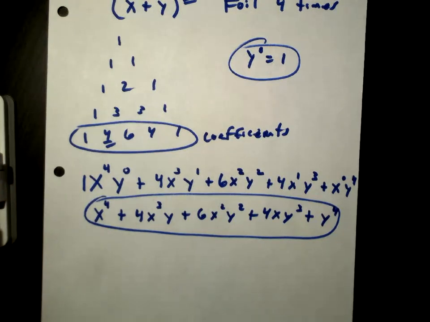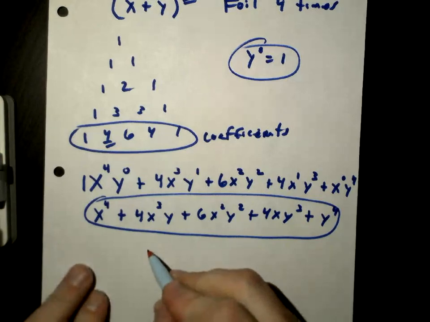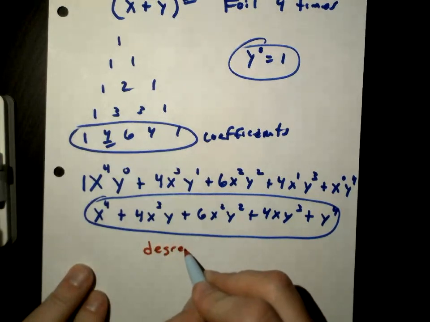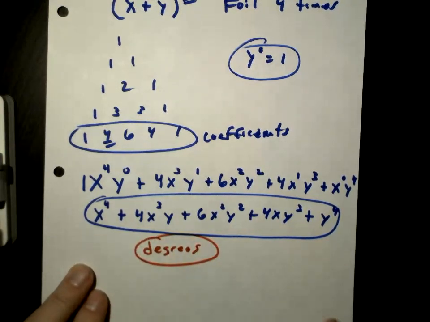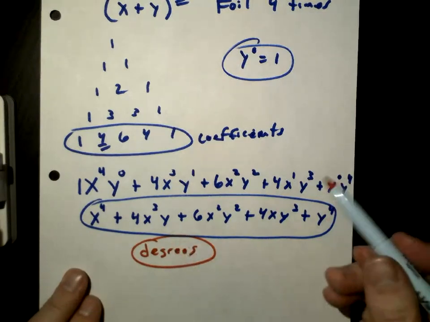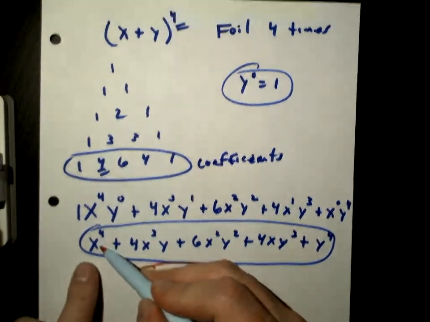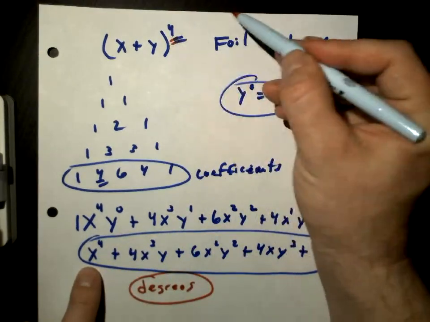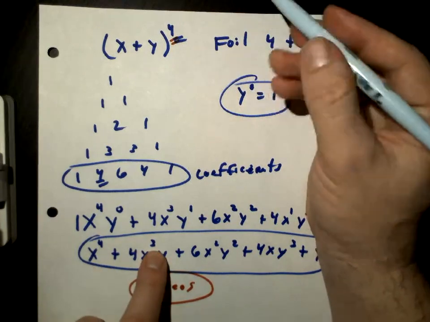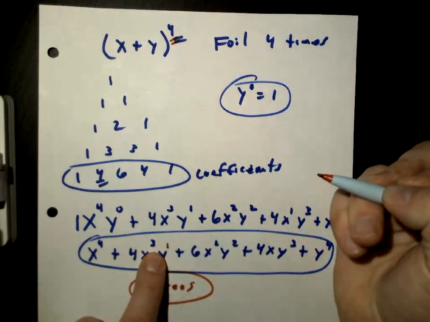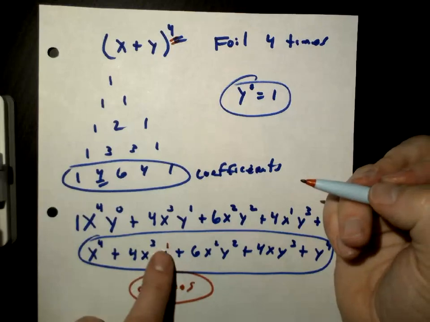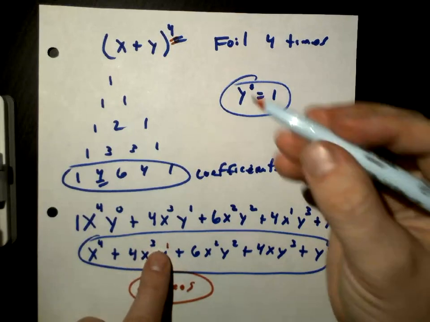I also want you to focus on one additional thing. Look at the degrees. Notice the degrees. There's a 4. Well, that's a 4. What's the degree here? Isn't there a 1 right there? What if you add these?